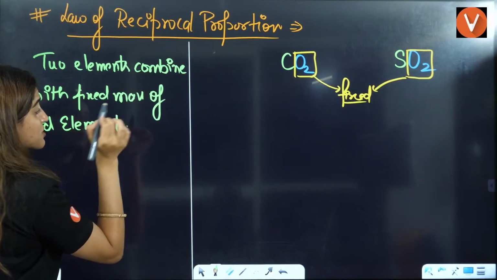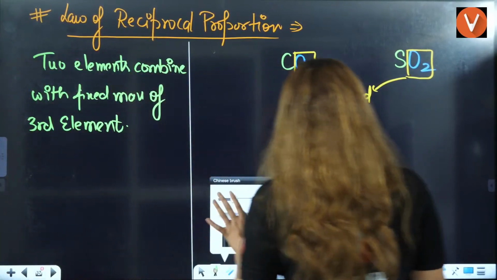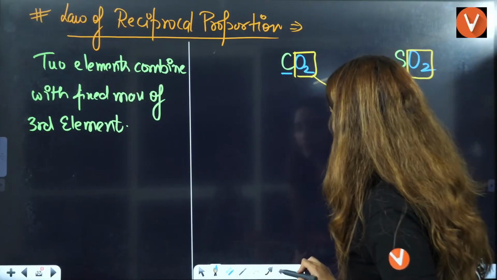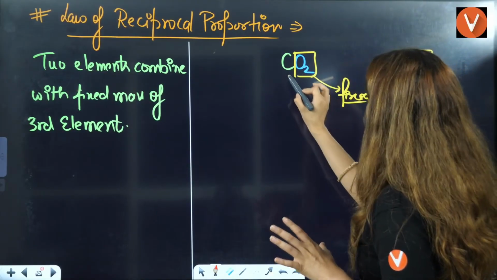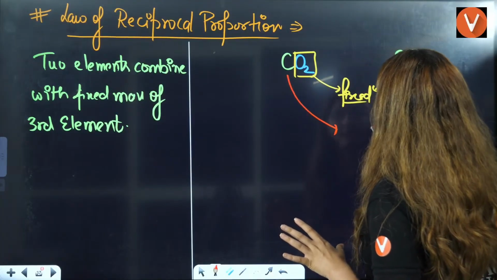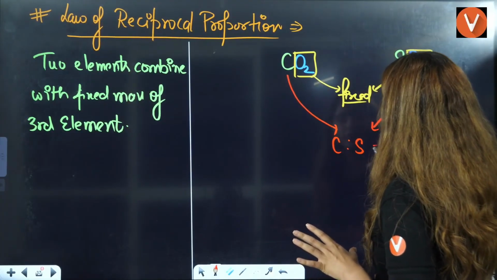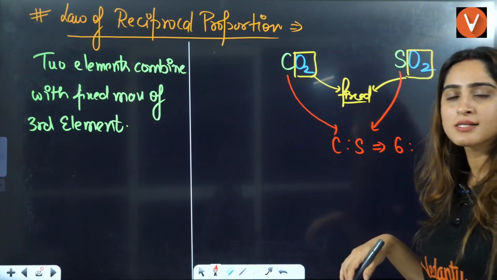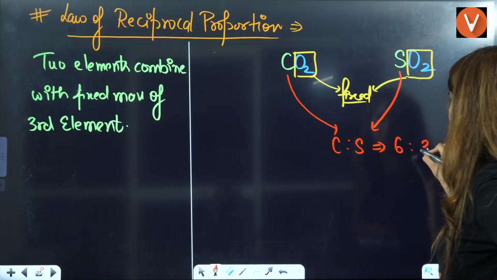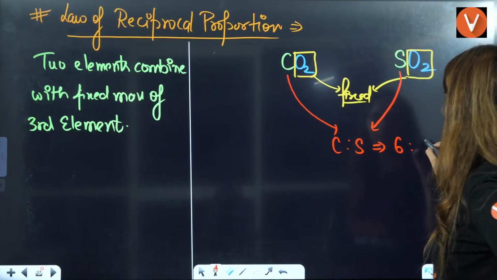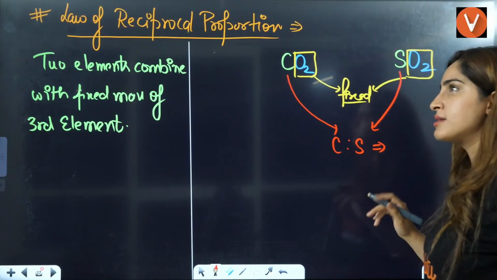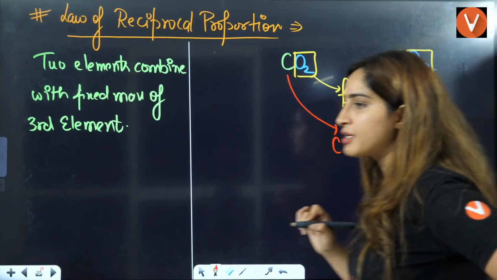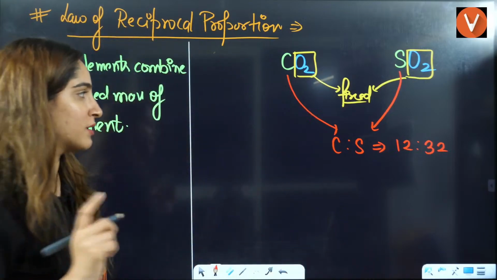I'm writing the definition side by side with the teaching example. And here we are saying that in this fixed mass of oxygen, the ratio of carbon to sulfur is going to be what? The atomic number of carbon is 6, but the mass is 12. Sulfur mass is 32. So the ratio is 12 to 32. That is going to be the answer for this one.